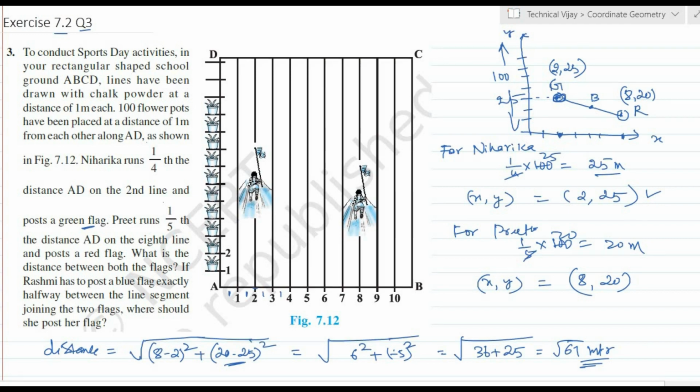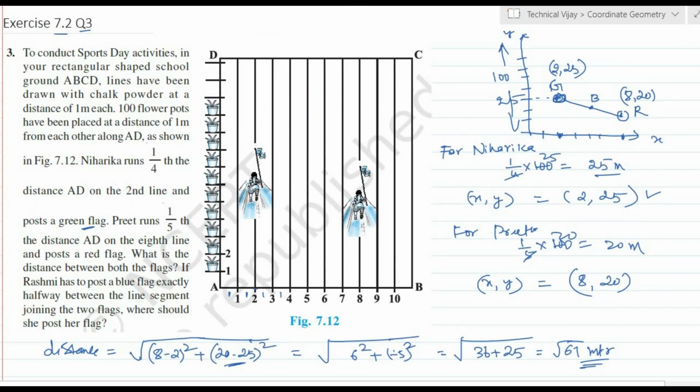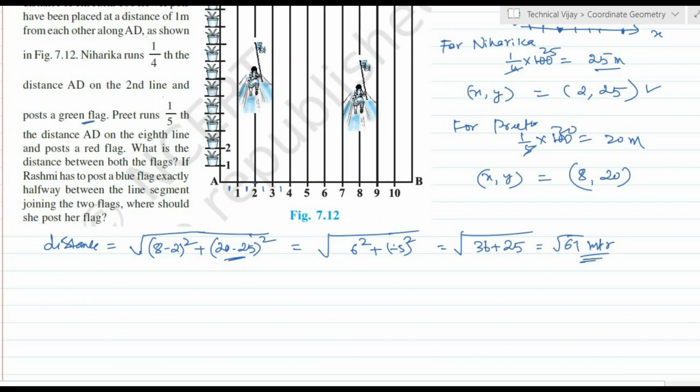So now we got the distance. Now Rashmi has to place the blue flag, so we have to find the coordinates for Rashmi.